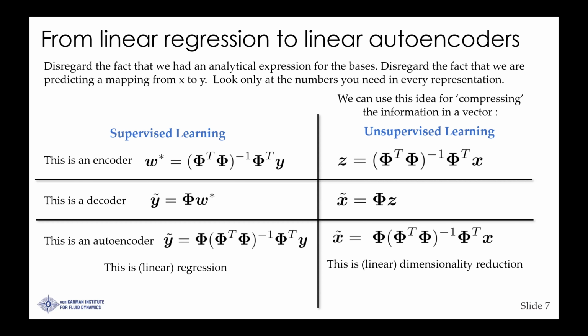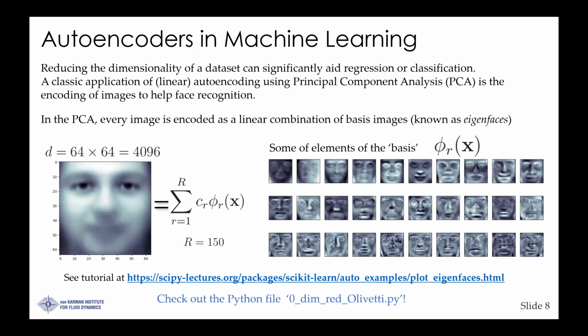In the folder, I gave you my favorite tutorial on this, which is using a special kind of autoencoder, which is the PCA. And in this tutorial, you find the link here, you're building a face classifier. The data set has all the employees of the Olivetti company, and you want to build a classifier that says, okay, this is person 1, this is person 2, person 3, and so on and so forth.